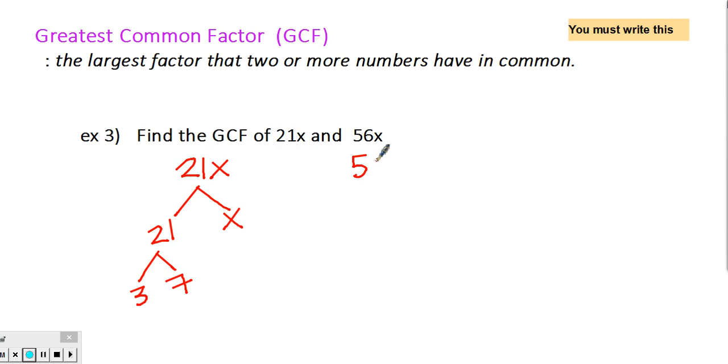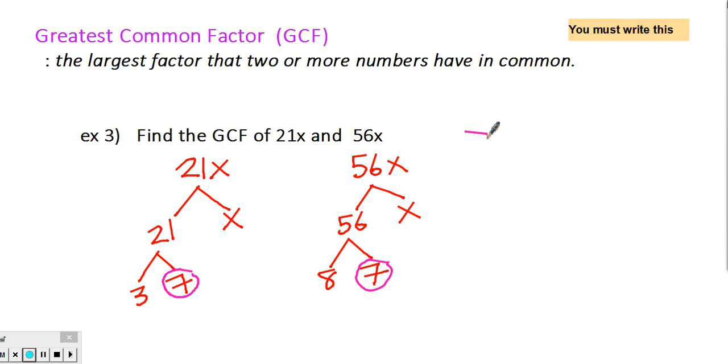Now let's look at 56x. 56x is 56 times x. And now factors of 56 are 8 times 7. So they both have 7 in common. So that's one.